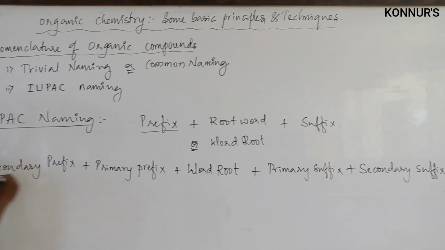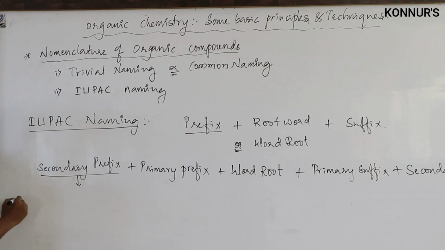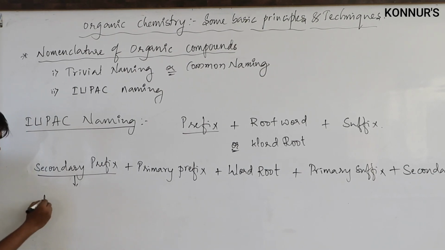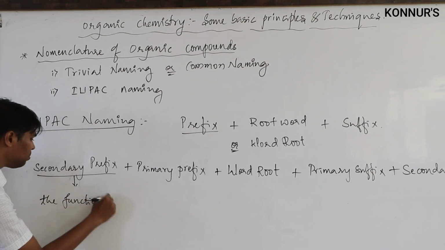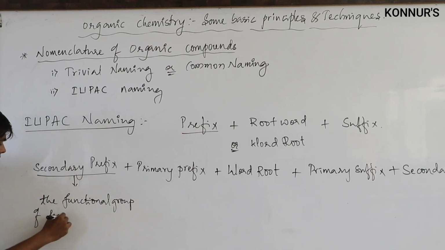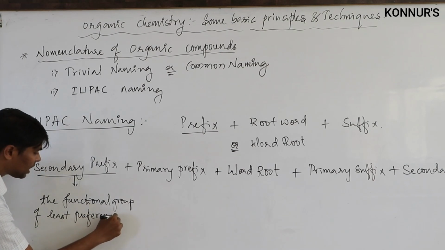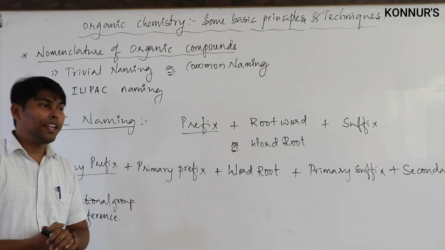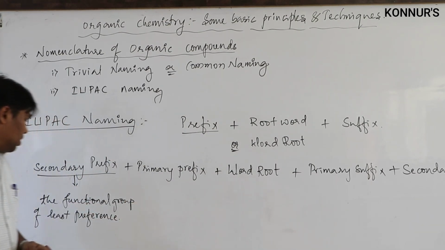Here let us go with that. It's a name given to the functional group of least preference. If there are more than one functional group, we need to give the preferences, which I am going to discuss later.